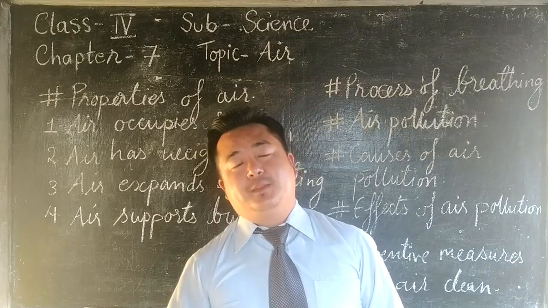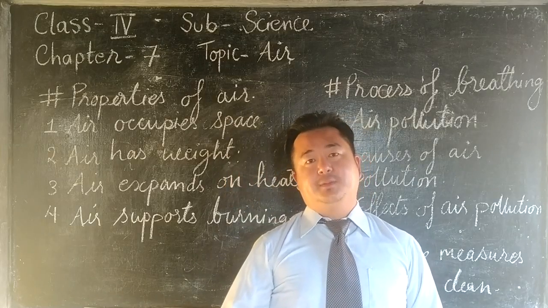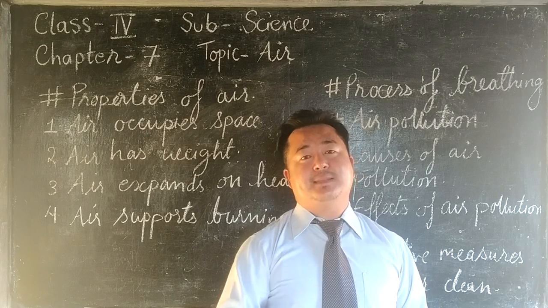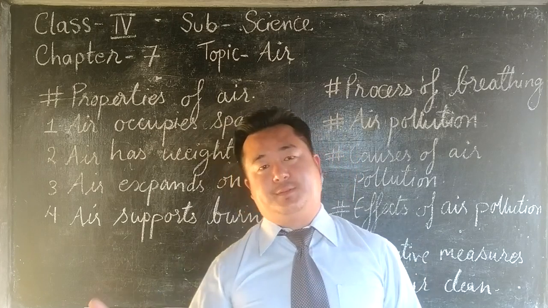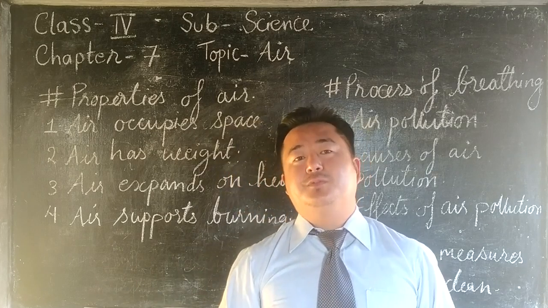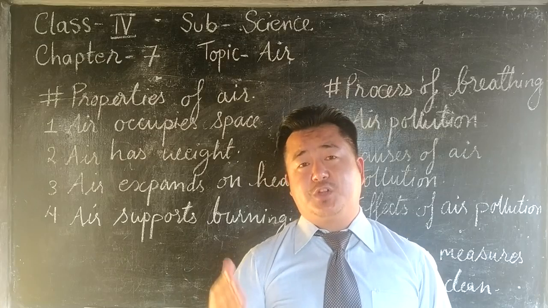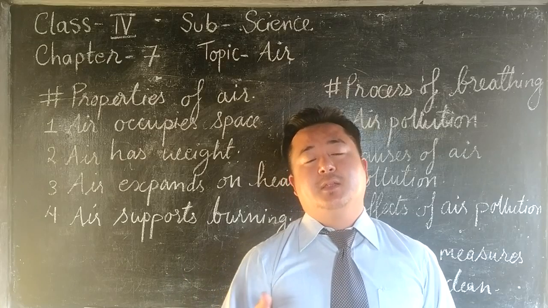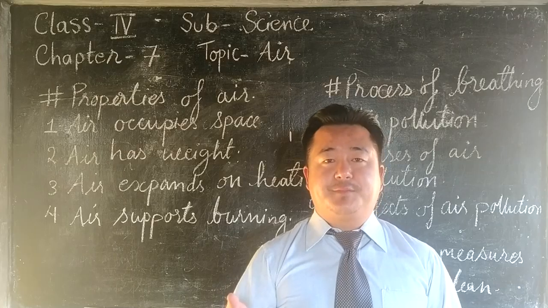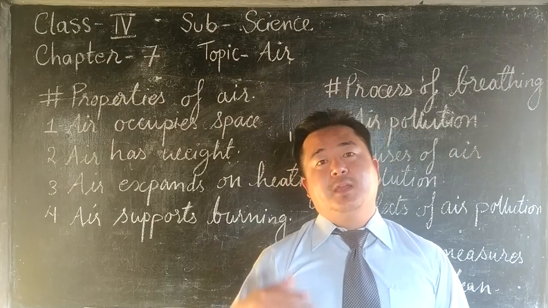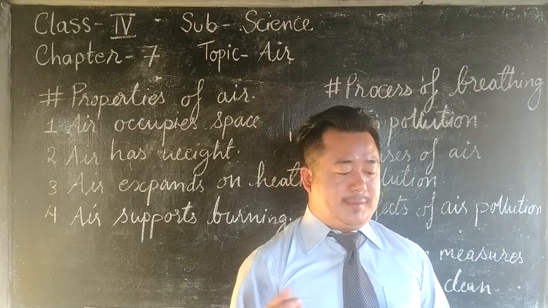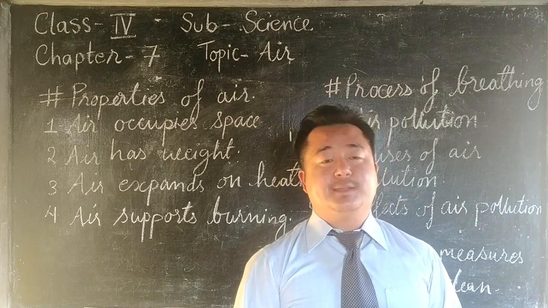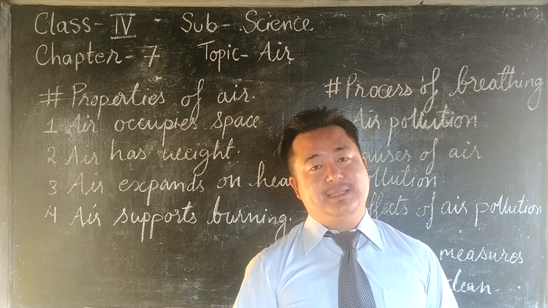Starting from plants, plants breathe through the stomata present under the surface of the leaf. Aquatic animals breathe through gills.